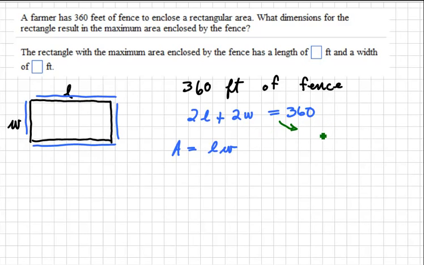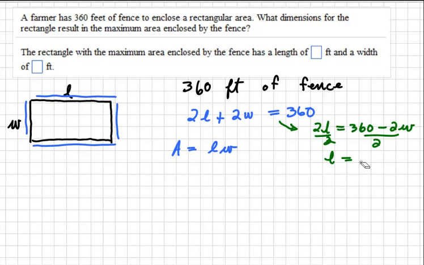I'm going to solve this for L. So we're going to get 2L equals 360 minus 2W, and then divide everything by 2, and you end up with L is equal to 360 divided by 2 is 180 minus 2W divided by 2 is W.